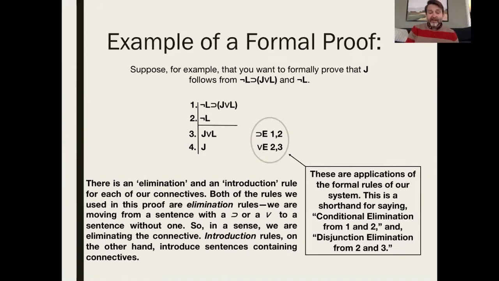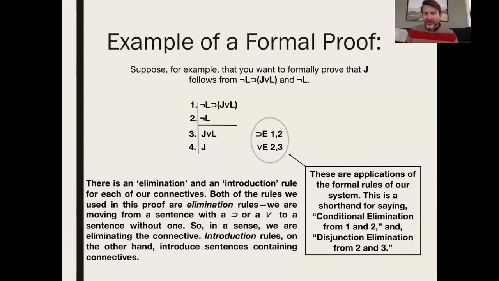And one other thing to note, and I mentioned this last time, is that there's an elimination and an introduction rule for each of our connectives. So in this case, we've used only elimination rules. We've eliminated the conditional presented in premise 1. That is, we've moved from that conditional to step 3, something that doesn't contain a conditional symbol in it.